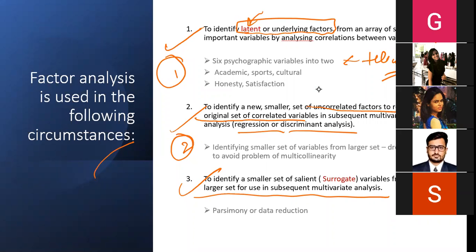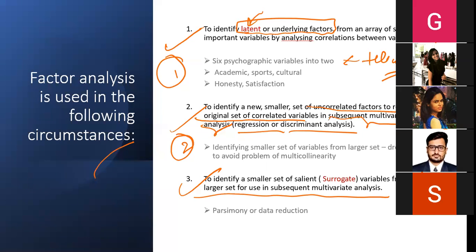So for subsequent multivariate analysis, be it regression, discriminant, or segmentation, we can use factor analysis. The first step would be to do factor analysis, and then you go back to regression and do it again. And there is something called surrogate variables. By running factor analysis, you check the factor loadings, and you can see which variable is very important.